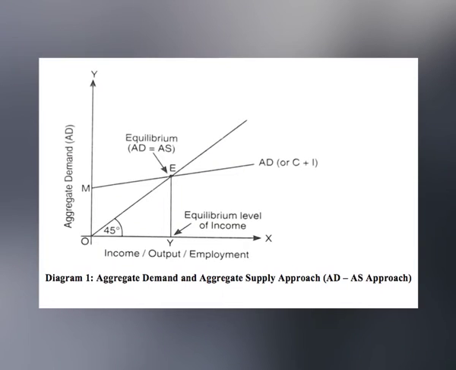To sum up, if there is some divergence from the equilibrium output level, a readjustment process will begin in the economy. If planned AD is not equal to the output AS, then before AD and AS are again equal, the output will adjust up or down.